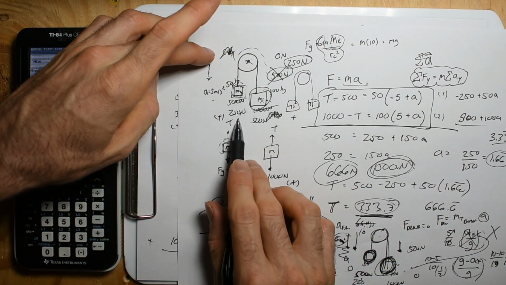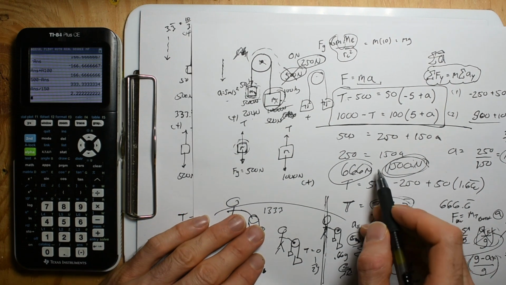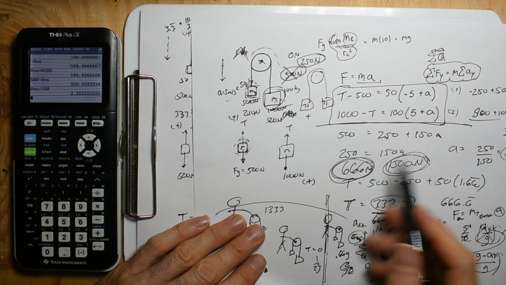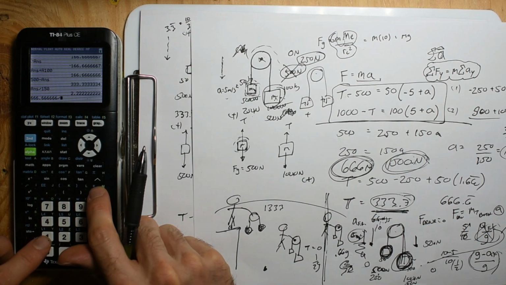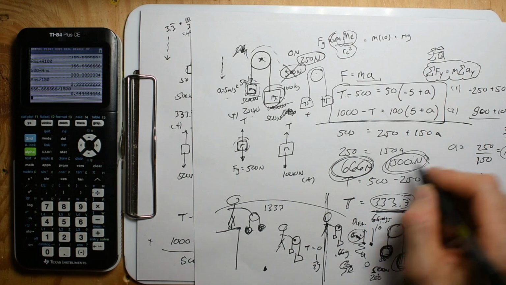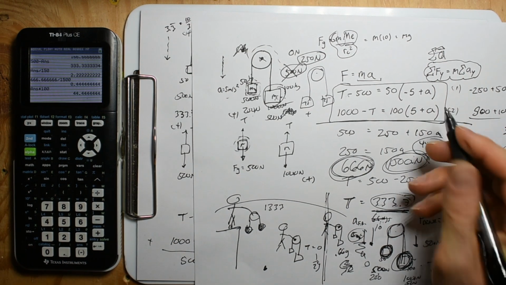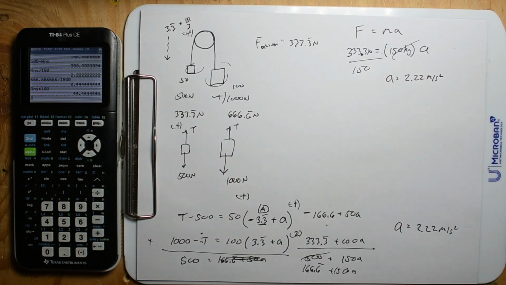But in our scenario, when it's moving at half of g, you're almost experiencing a third. What is that ratio? 666 divided by 1,500. You're experiencing 44.4% of the weight that you would actually feel.